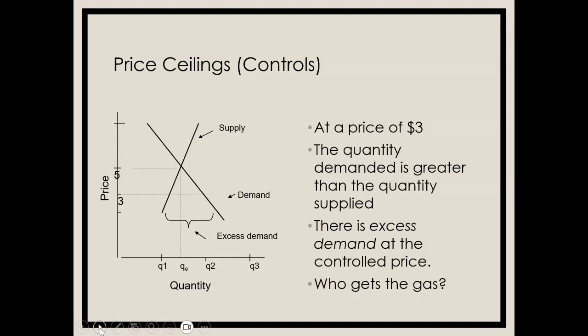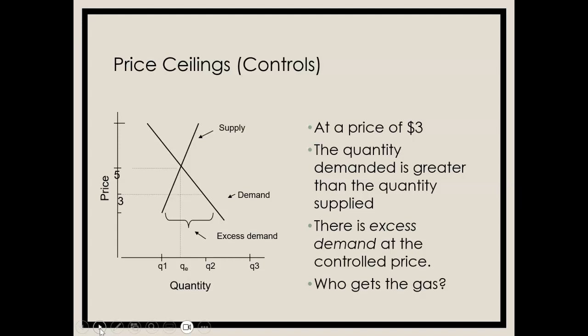That means that somebody is going to get the gas and somebody isn't, because there just isn't enough to go around. So once you set a price ceiling, there's a big problem. Someone has to decide who gets the gas. Now in World War II, when there were those price controls, they issued ration coupons.